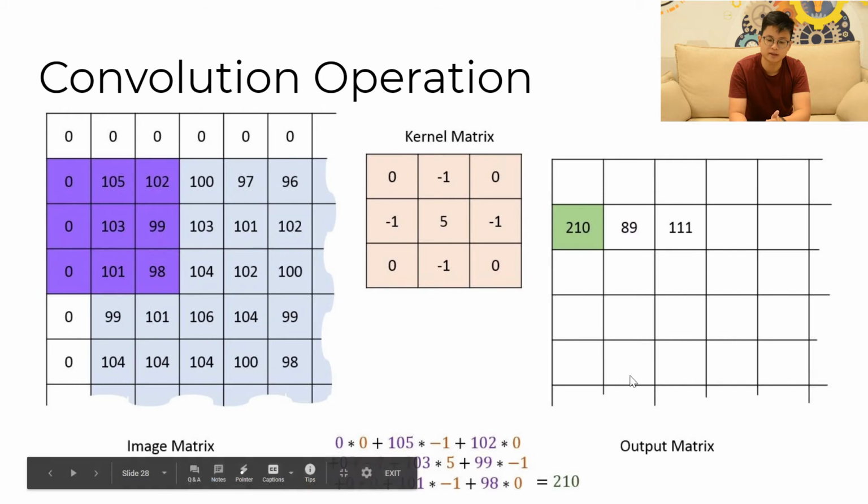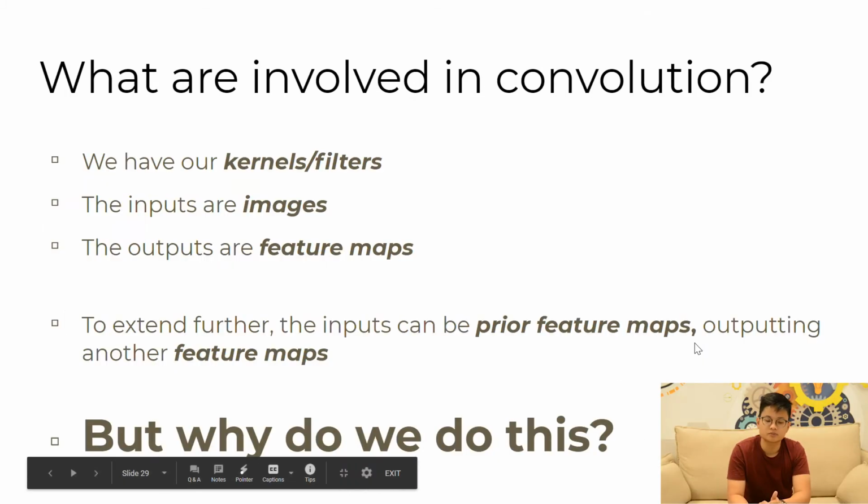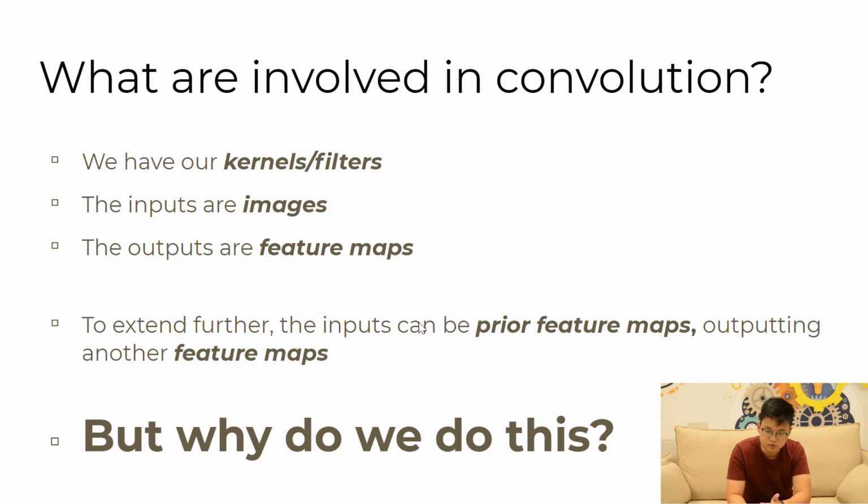Here is your feature map, right? The input of a convolution operation can be prior feature maps. You're not restricted to just images, you can also have feature maps as an input of a convolution operation. Then the output will be another feature map. But then why do we do this?